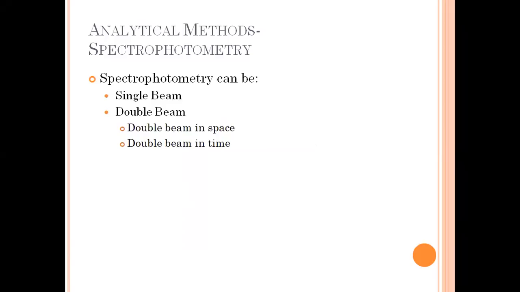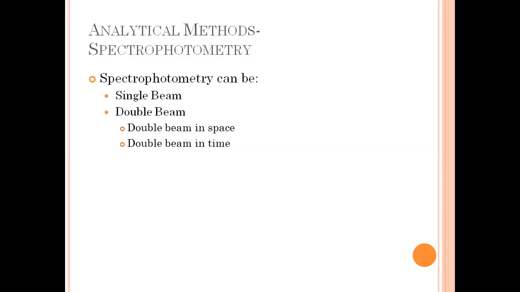So what is the difference between a single beam and a double beam? With a single beam, this measures the light that passes through or the transmitted light. Whereas for the double beam, before the light reaches the sample, the light coming from the light source splits into two separate beams. Kaya siya tinawag na double beam.